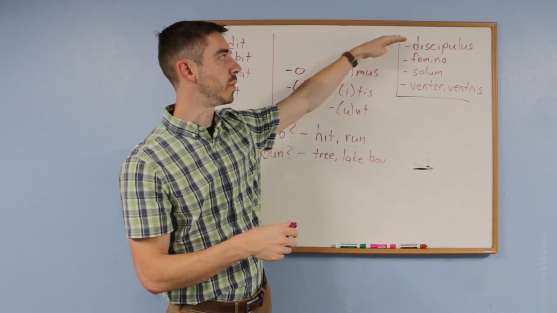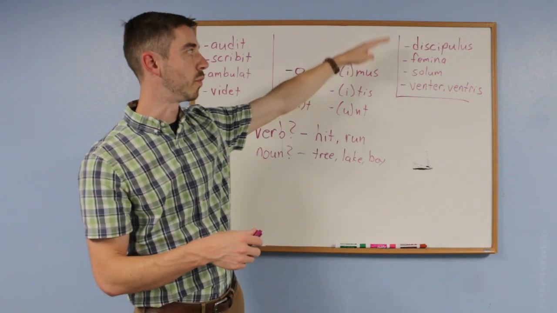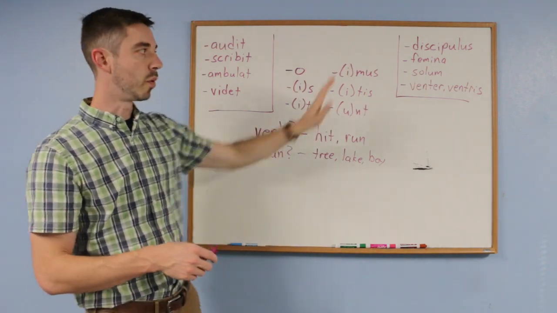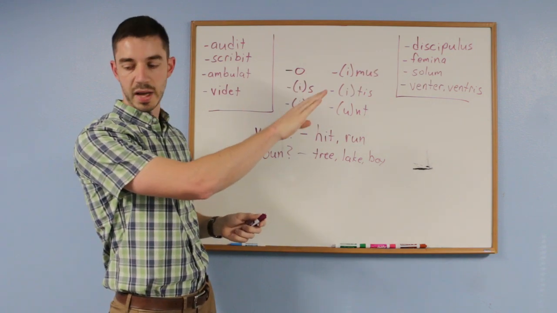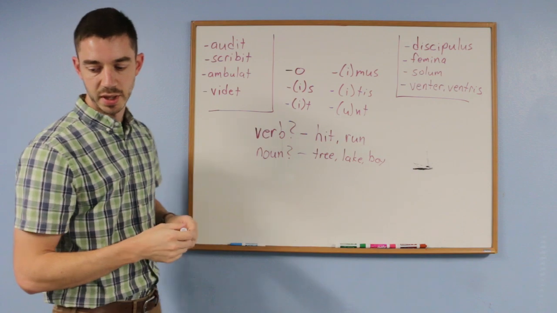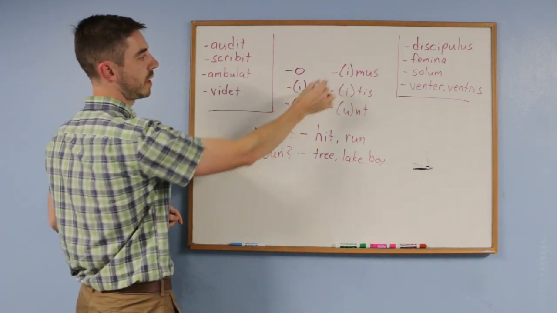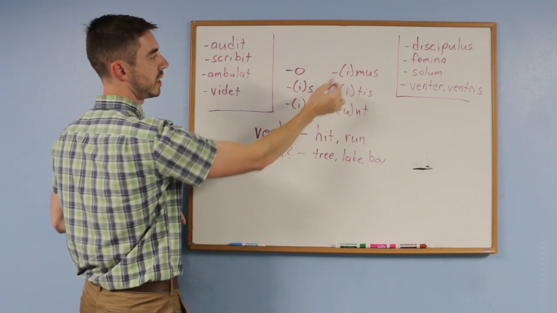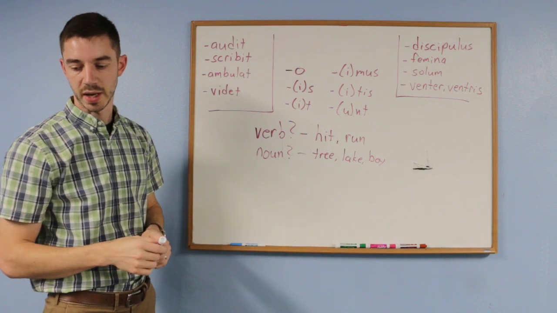So we'd say discipulus, discipuli, discipulo, discipulum, discipulo, okay? And we'd put all those endings on. We won't worry about that today, but just remember those groups of endings are called declensions. And then verbs, when we put a group of endings on like this, o, is, it, imus, itis, unt, those are called conjugations, okay?